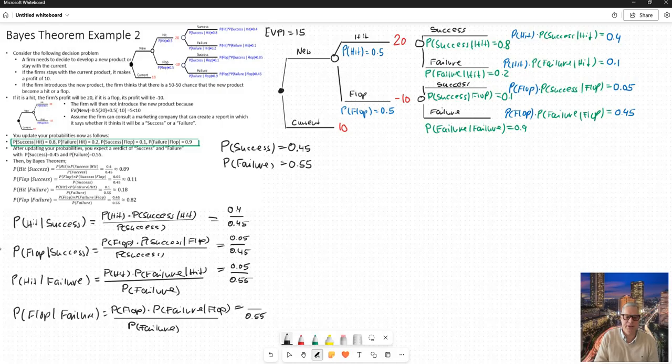If that marketing company comes back and tells you it will be a success, the initial probability that this will be a flop will go down. And the last one, probability of flop given failure. Probability of flop, okay, that's the 0.45.